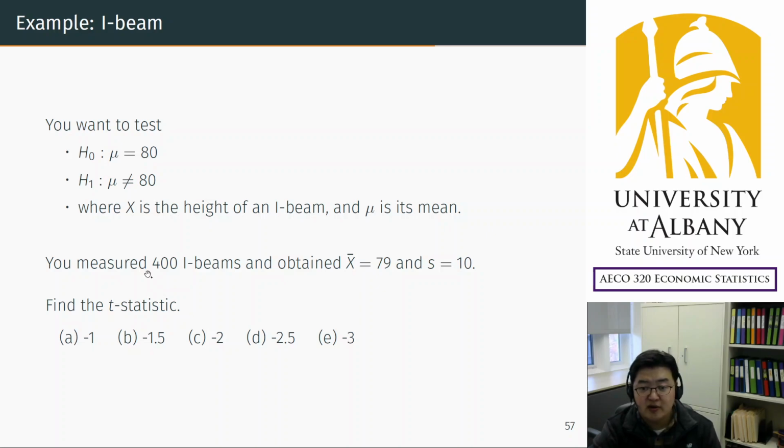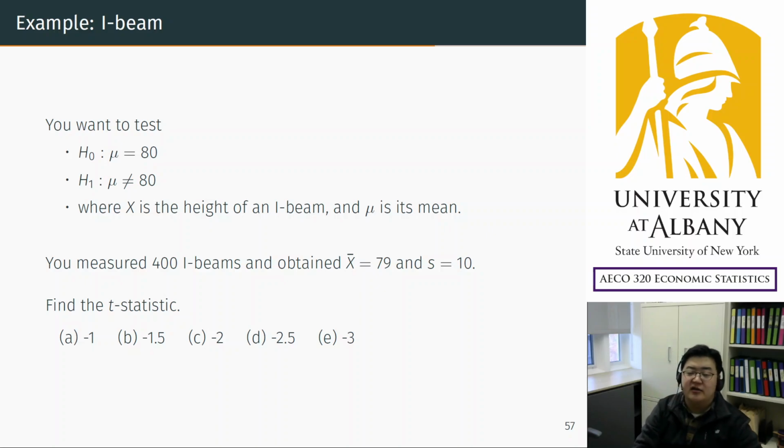You measure 400 I-beams and you observe 79 millimeters as the sample average, and the standard deviation across the 400 I-beams is 10 millimeters. Now you see that your sample average is slightly smaller than your belief. But I wonder if that difference is significant or not.